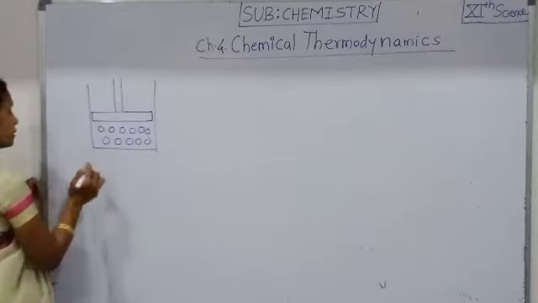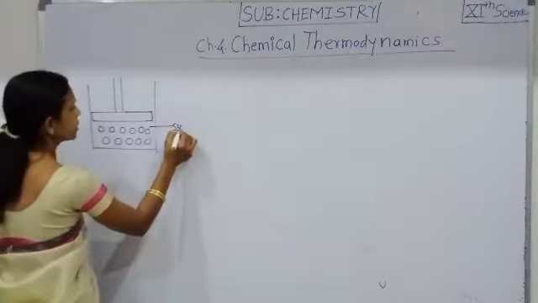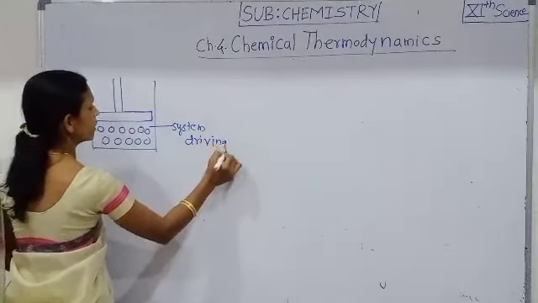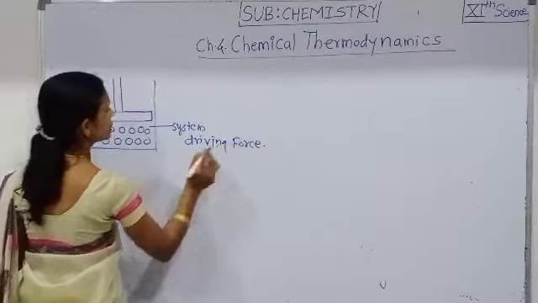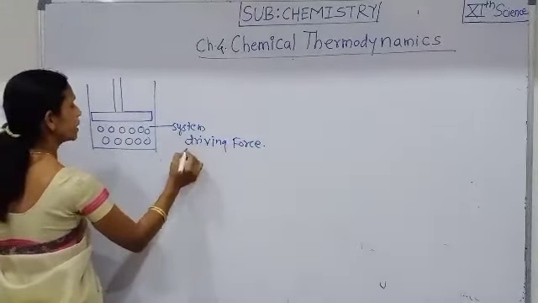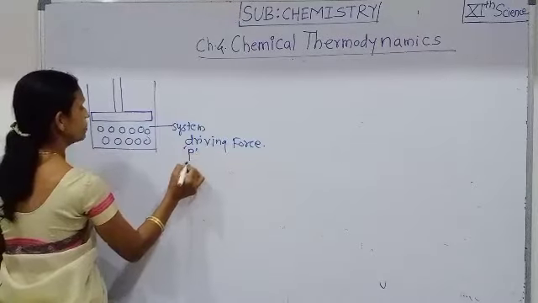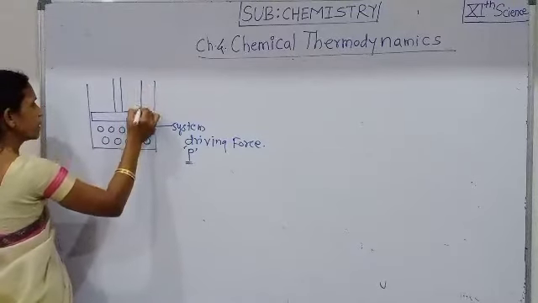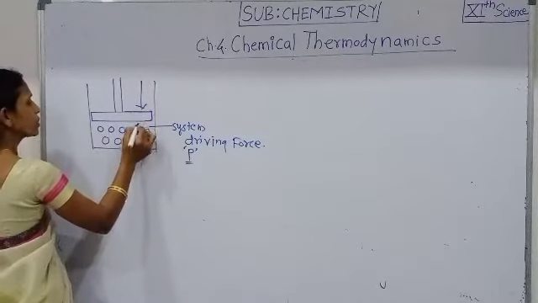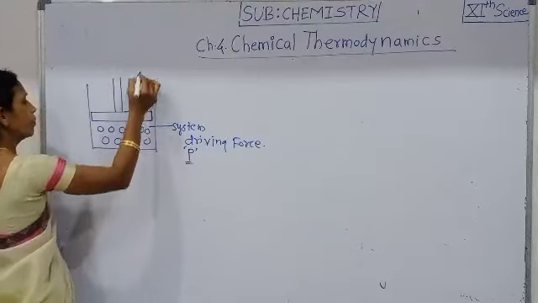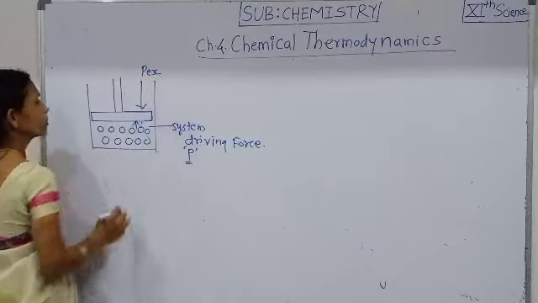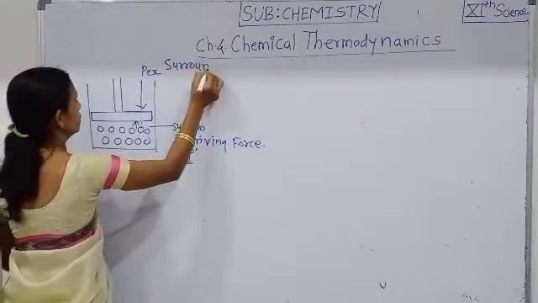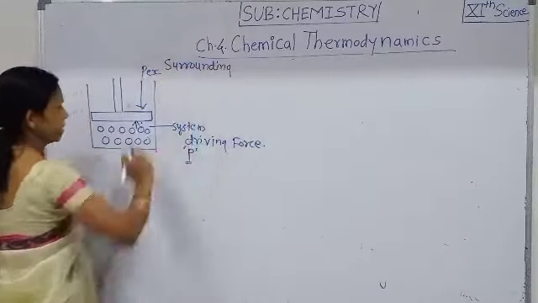Then see here, there is a system in which the driving force which is given by the system is denoted by P. That means P is a driving force which is given by the system, and here the opposing force, that is the external force or pressure which is given by the surrounding on the system.